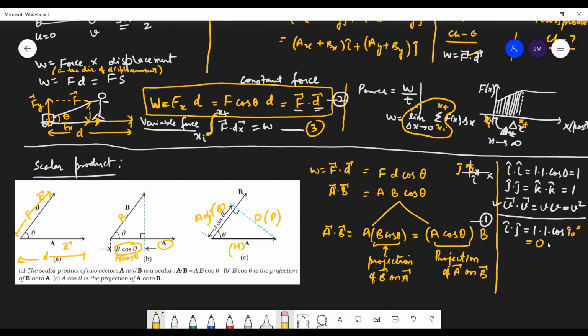Now, like we did the addition, similarly instead of addition we'll be doing the dot product. So what will I get? So a dot b, in this way I am doing. So this is ax i cap plus ay j cap dot bx i cap plus by j cap.